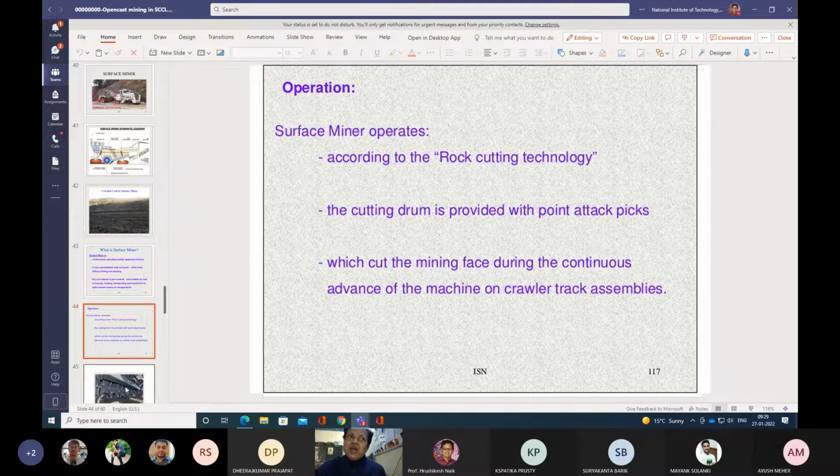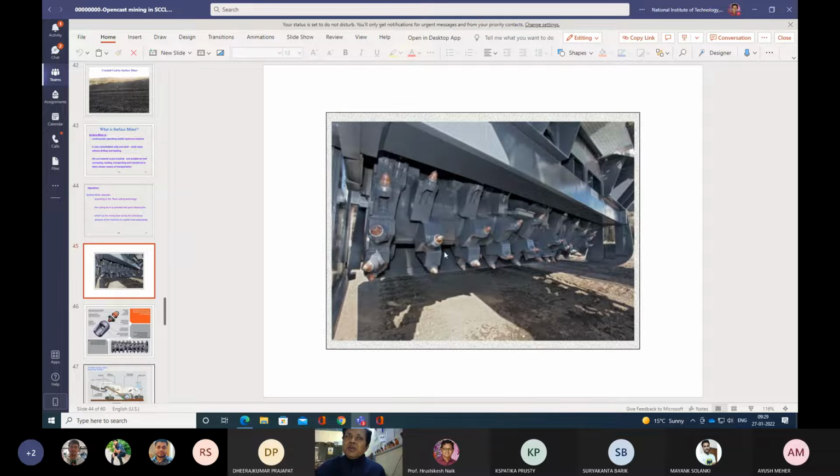Let us see how these picks work. These are the cutting tools, these are the cutting picks. You see in this diagram. Whenever this drum is rotated, it cuts the coal, and after cutting, it is taken to the belt conveyor system.